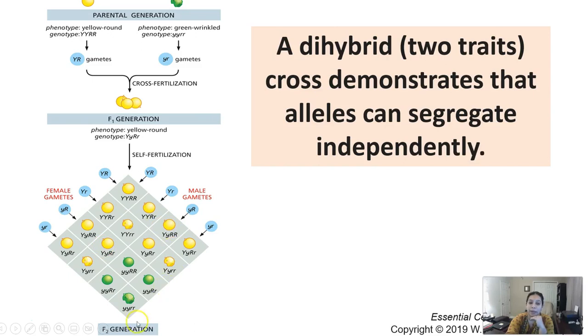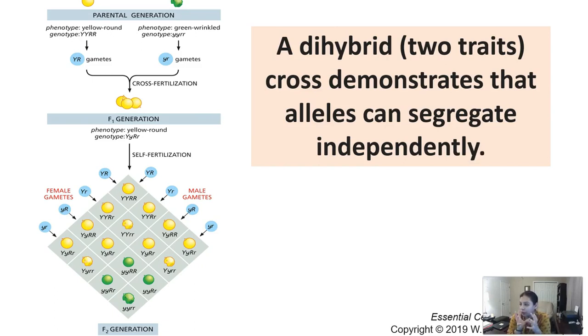And looking at the combinations this time, you can give rise to 16 different genotypic combinations in a way. Some of them are going to be the same, right? In this case, the F2 generation, the second filial generation, will give rise to a phenotypic ratio of 9 to 3 to 3 to 1.